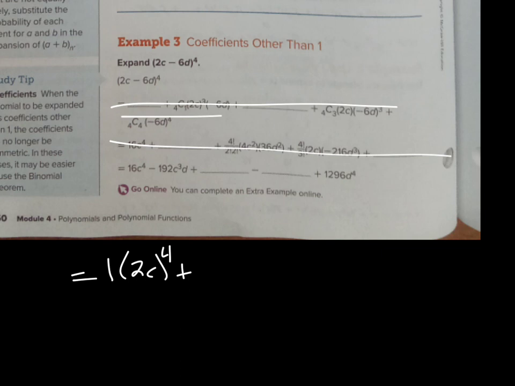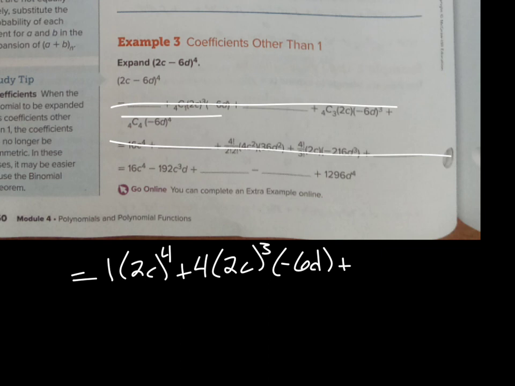No, I think you're on the wrong one. No, it's 4. I think it's 4. That's off of Pascal's triangle. Now it's 2c to the 3rd, except we got to work in the negative. Yeah, so negative 6d to the 1st.